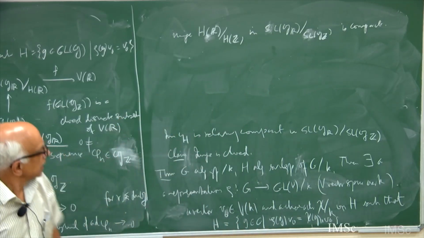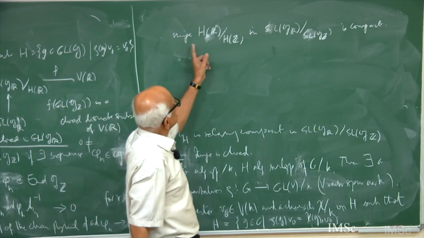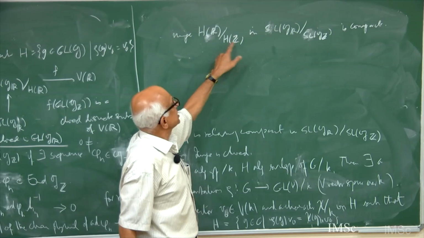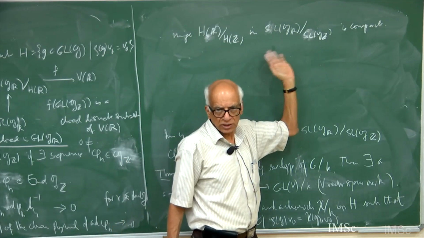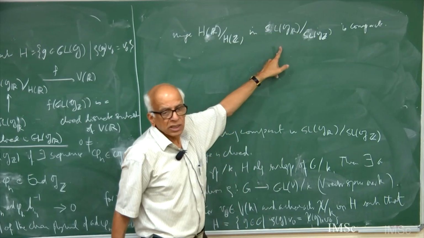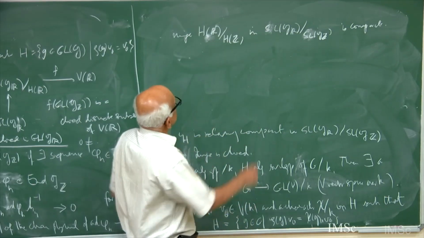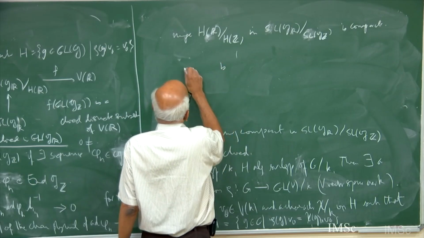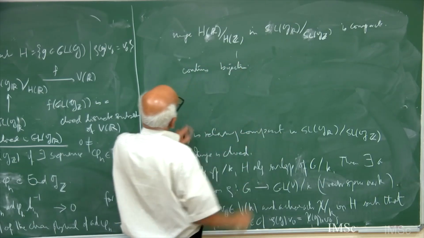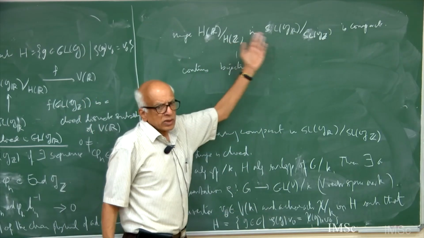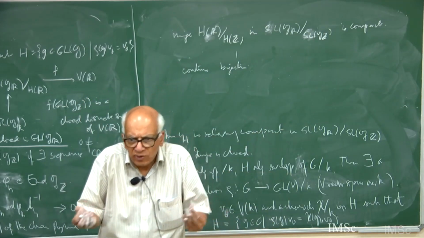Now notice this space is homogeneous under H(R). H(R) acts transitively on this and also on the image. This is a bijection, a continuous bijection, and I need only to prove it's open. This comes from a Baire category argument.